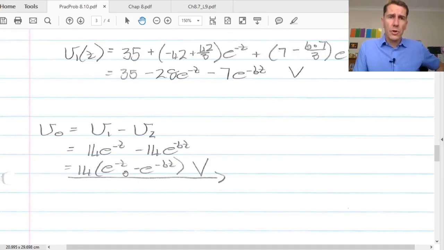Remember, the initial current through that resistor was 0 amps. There was no current flowing, so the initial voltage across that resistor would have to be 0 volts. If we substitute time 0 there and there, you get 1 minus 1, and you get 14 times 0, which is 0.